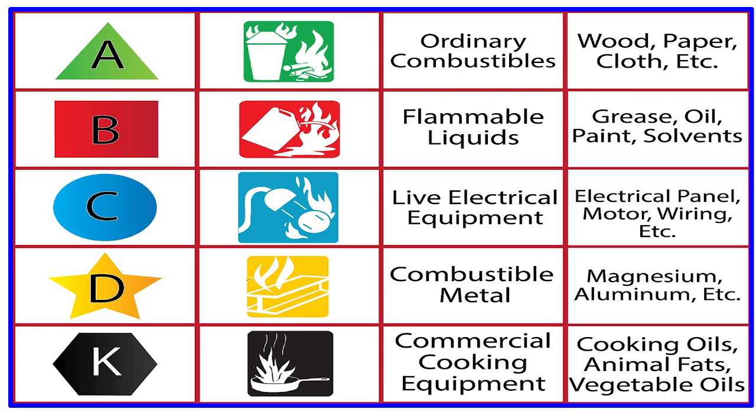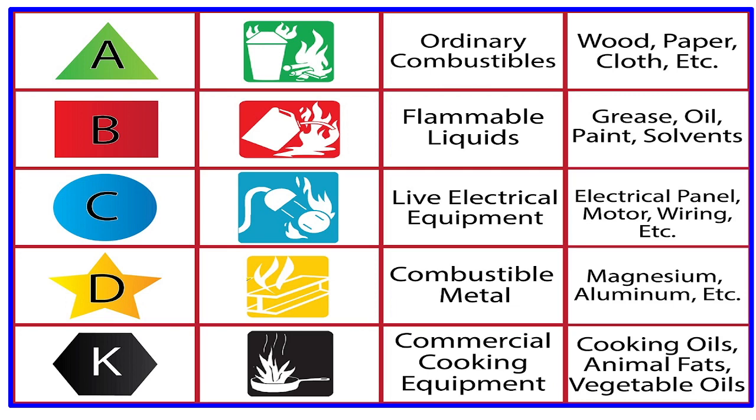Green pictogram A is ordinary combustibles: wood, paper, cloth, etc. Red pictogram B is flammable liquids: grease, oil, paint, solvents.